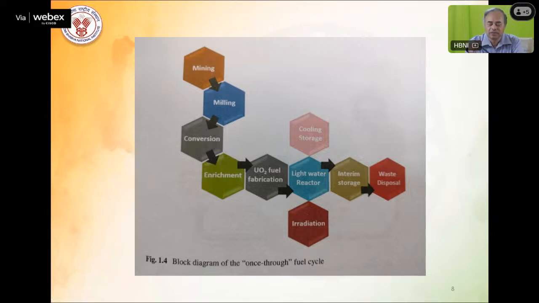This is the cycle, or once-through fuel cycle. After mining, milling, conversion, enrichment, since it is for the light water reactor, enrichment is necessary.